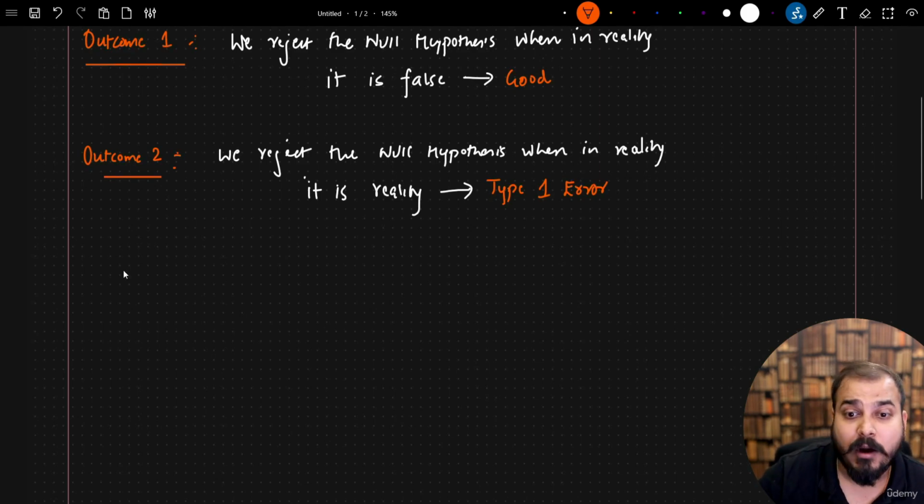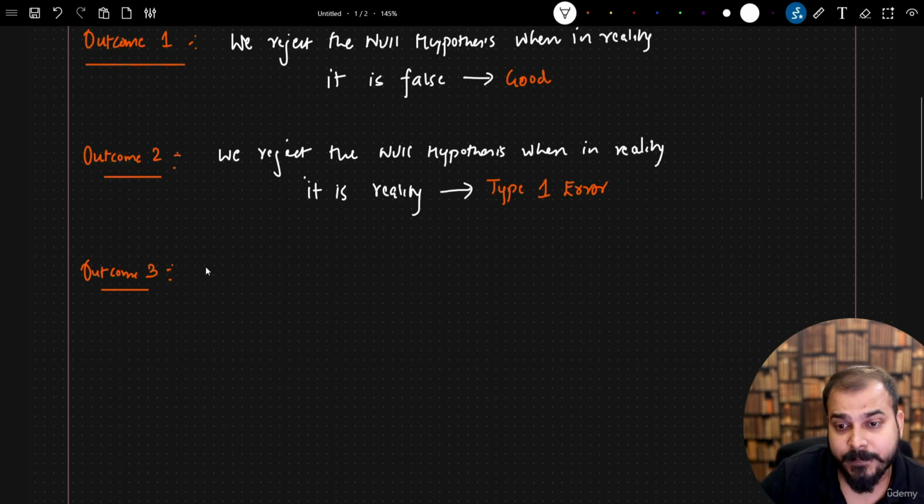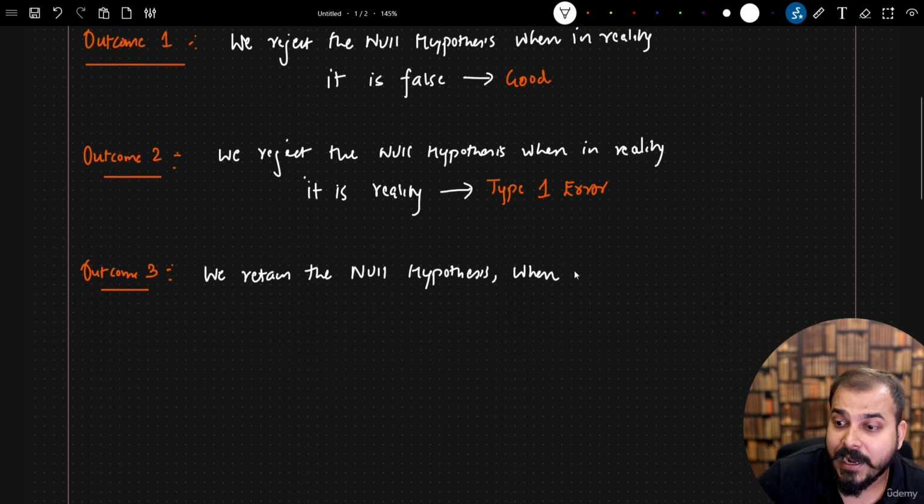Okay. So coming to outcome 3. In outcome 3, I can say we retain or accept the null hypothesis when in reality it is false.